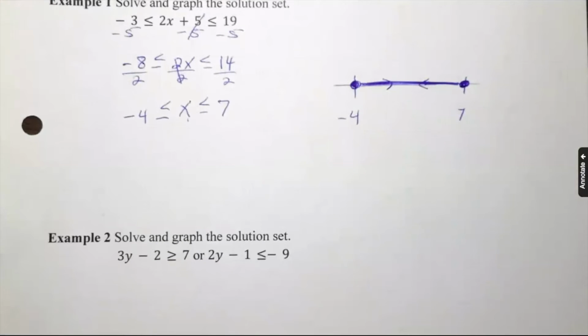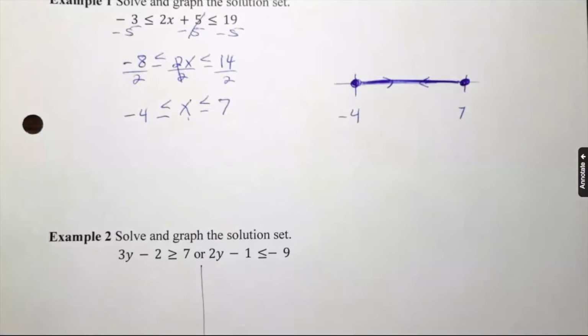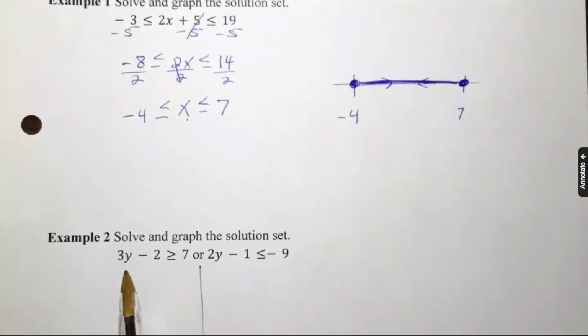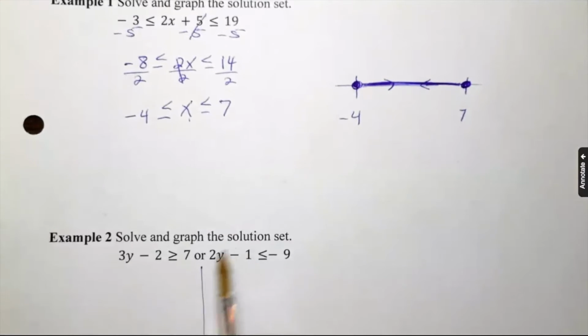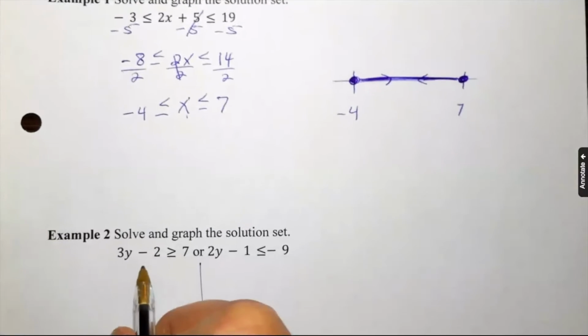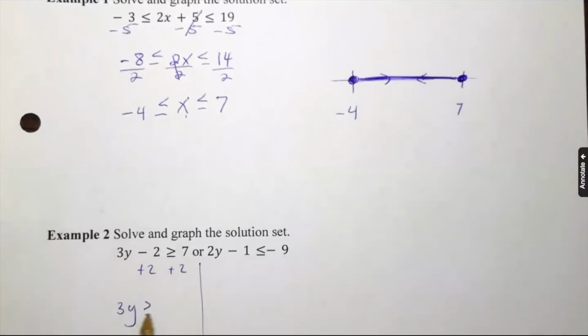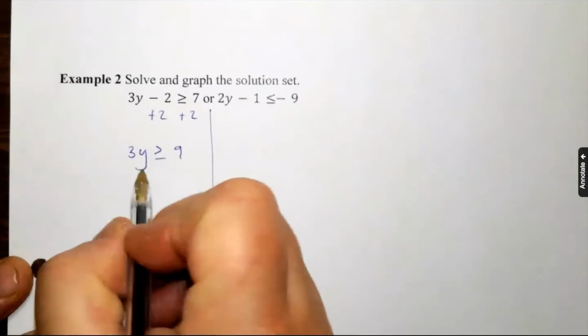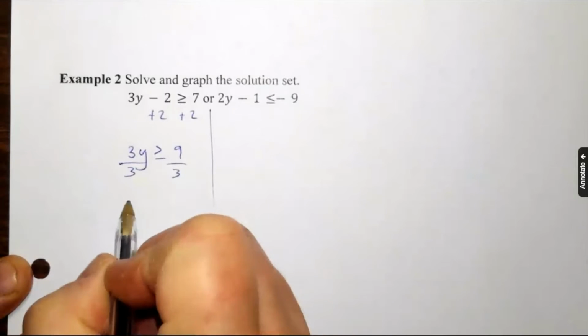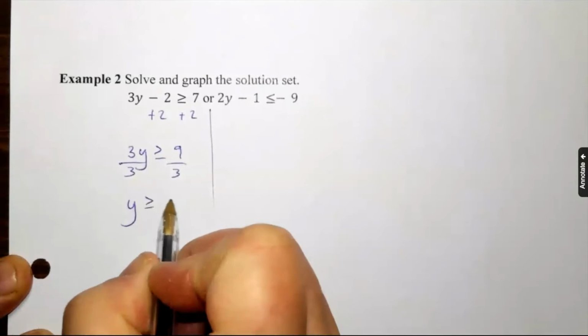Example 2, we have 4. It's like having 2 separate problems. We have a 2-step equation that we're going to solve and another 2-step equation we're going to solve. We're going to start by undoing the subtraction, undo the multiplication with division, and we get y is greater than or equal to 3.